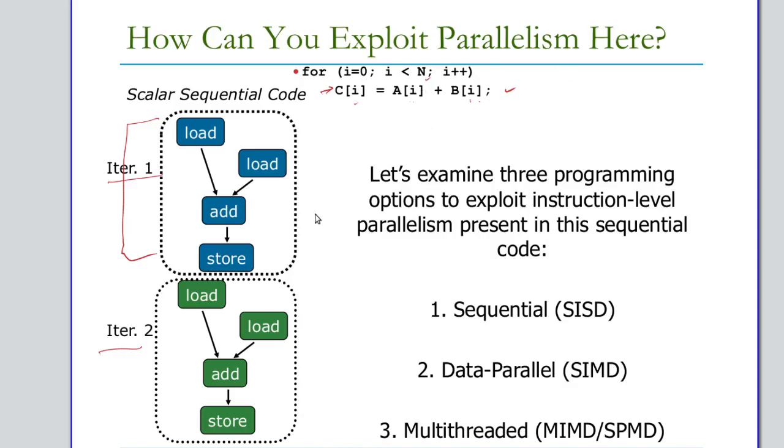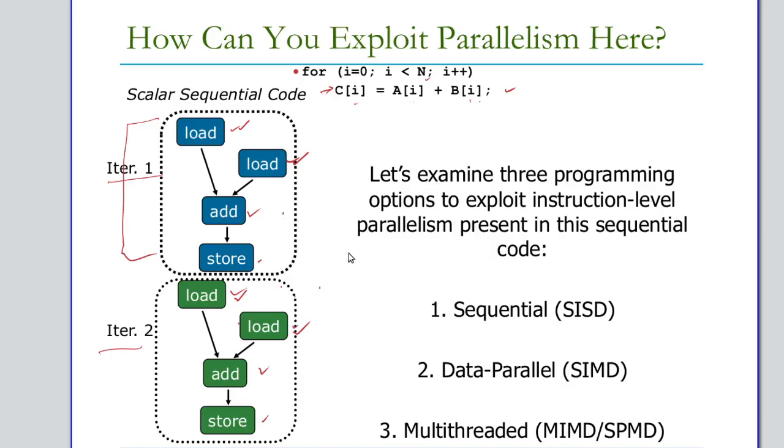In one iteration we are loading A, loading B, performing addition and storing the result. In iteration 2 we are doing the same: loading A1, loading A2, loading B1, loading B2; different data is being loaded. No problem, right, no dependency. Addition of these two data and then storing the result. So there is no dependency between iterations.